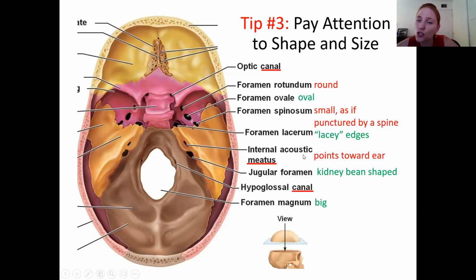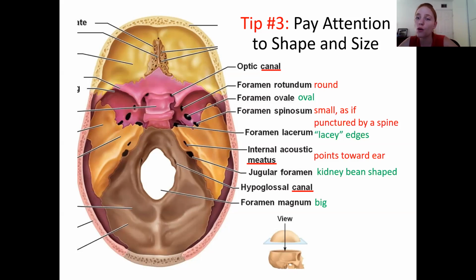Acoustic relates to ear, hearing, external being on the outside. What is a meatus? A meatus means a canal-like hole. It's similar to a canal in that instead of just being a hole, it's like you've tunneled into it. That's a meatus.